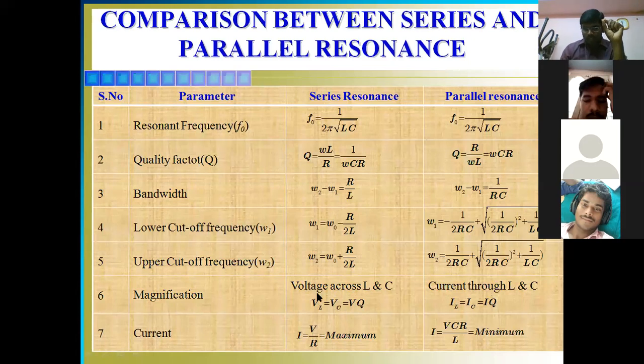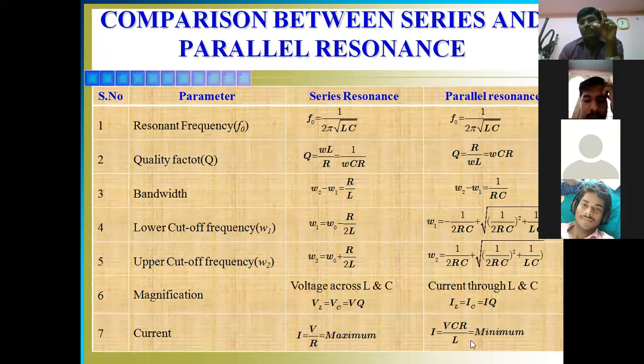Therefore, in the series circuit, the voltage across L and C magnification takes place, enhancement. Whereas in parallel resonance, the current flowing through L and C magnification takes place. Whereas the current I is equal to V by R, which is maximum at series resonance. In parallel resonance, the current is minimum. Here in the series resonance circuit, the value of R is as small as possible, otherwise the circuit can't get any current.